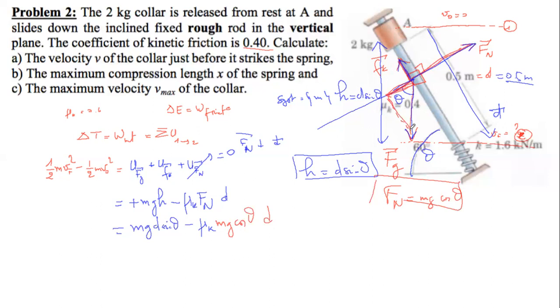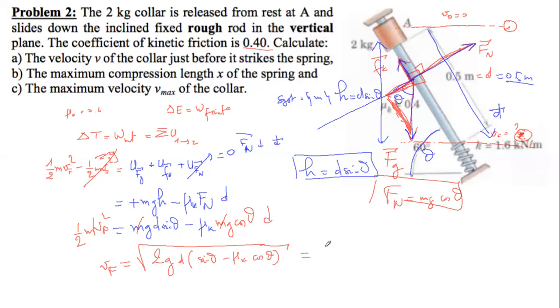And this part here is mg sine theta, but nothing. This should be equal to half m v final squared. We simplify by m, and you find that v final is equal to square root of 2gd sine theta minus mu k cosine theta.